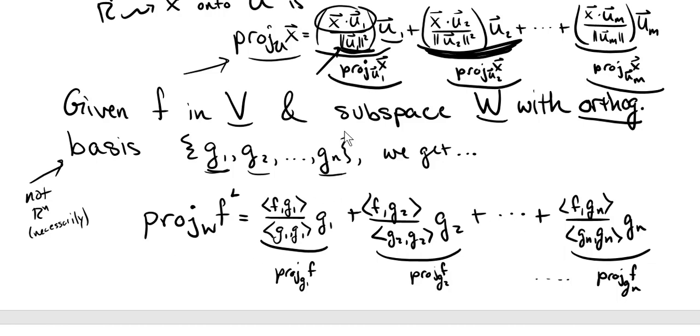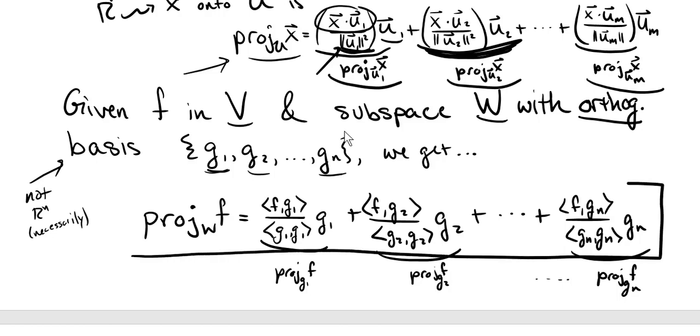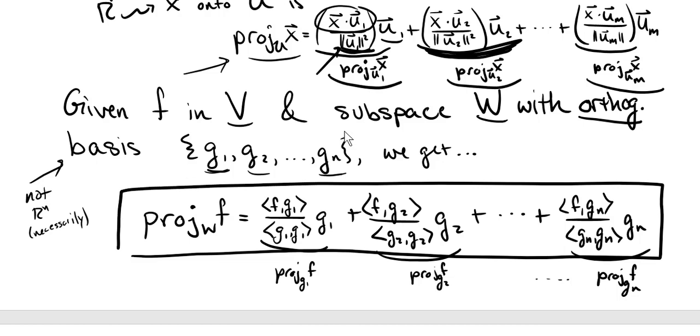We'll see we can just use Gram-Schmidt to do that. Then you've got a nice easy formula that tells you how to project f onto each of those orthogonal basis vectors to get the projection of f onto the subspace W.